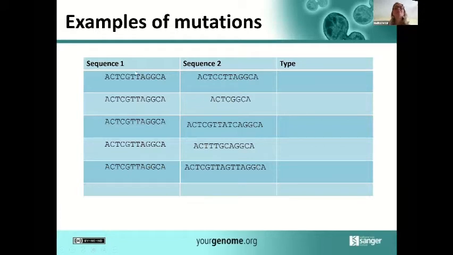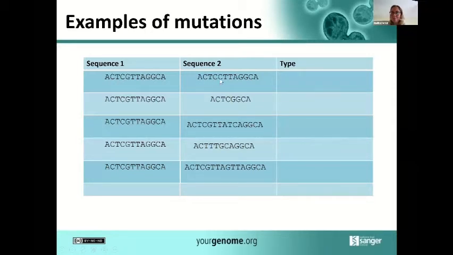If you look at the sequences, all sequence number ones are all the same, and then sequence number 2 is where the mutation has happened. If you compare number 1 here with number 2 here, you might notice ACTC is the same.